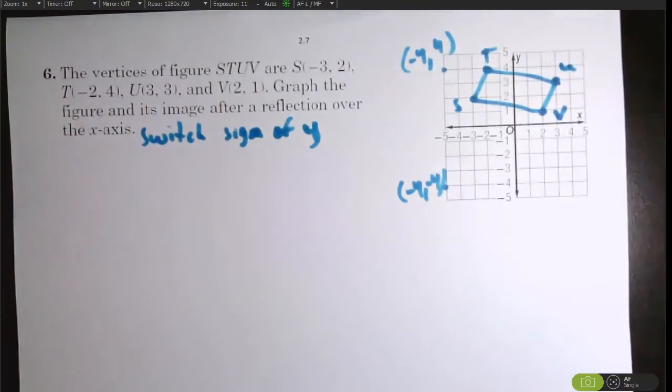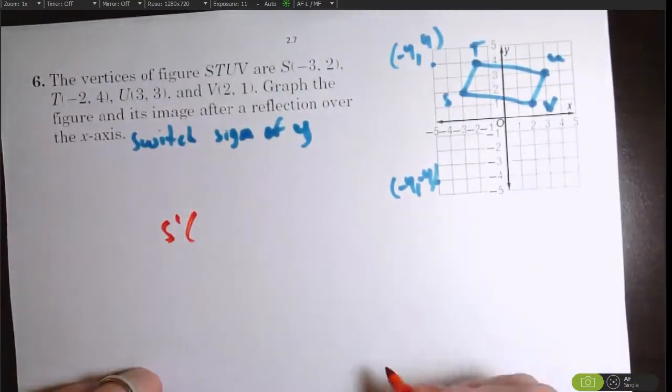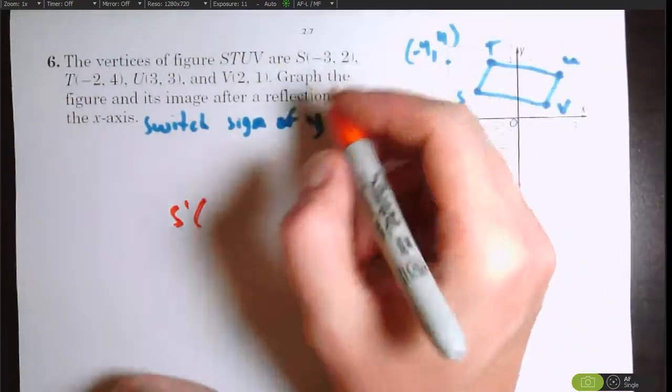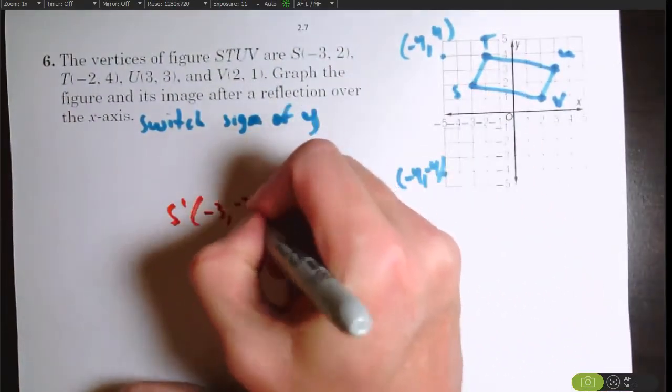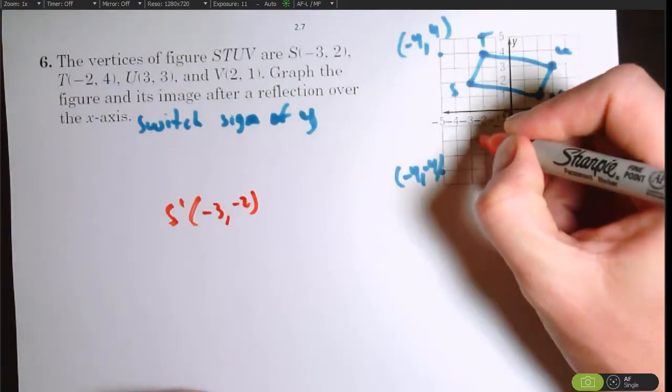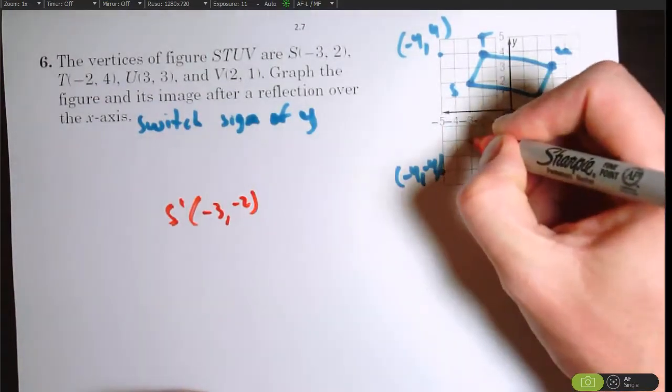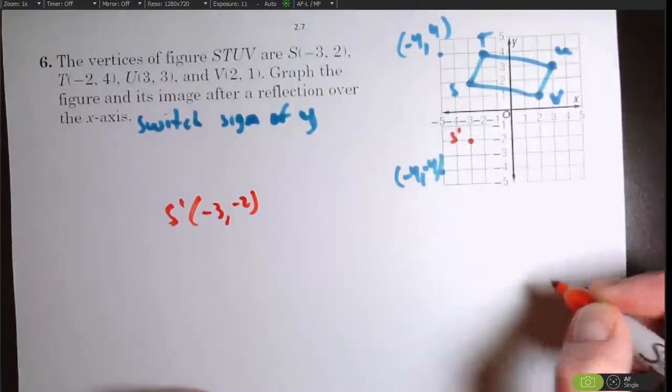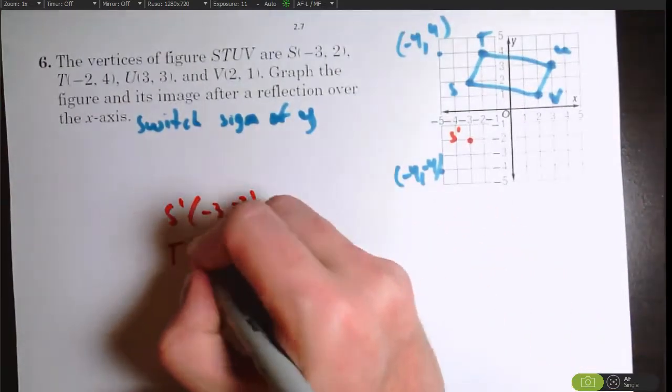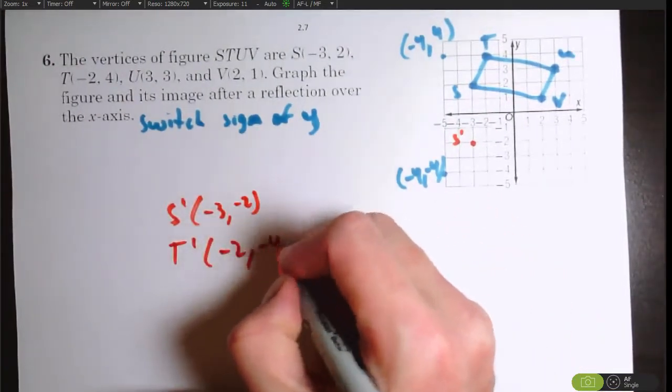Now let's do it in orange. S prime will be, change the sign of the y, -3, -2. S prime. T prime will be at -2, -4.